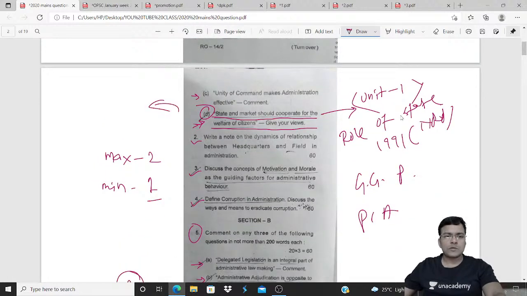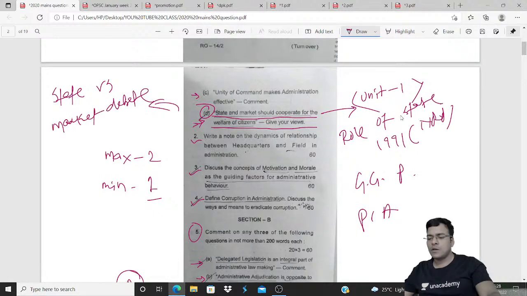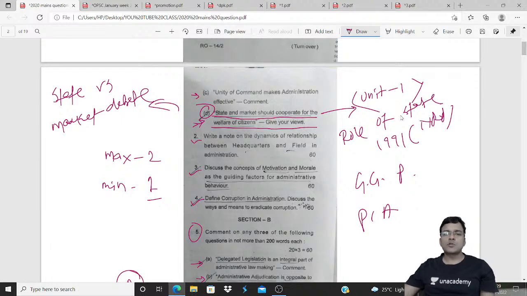So this is state versus market debate. State versus market debate. So state and market should cooperate for the welfare of citizen. Yes, post 1991 both are cooperating.